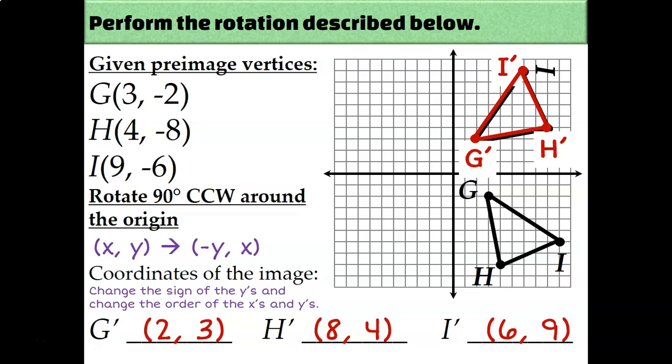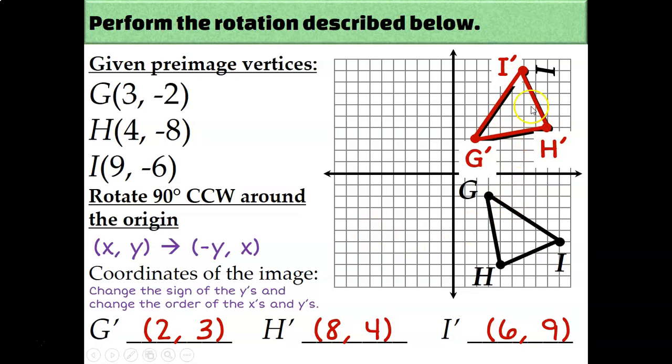Since we're limiting ourselves to rotating in 90-degree increments, you can actually think about it like rotating by quadrants. One quadrant is equal to 90 degrees. So if you think about this coordinate plane like a clock, clockwise goes in this direction, counterclockwise goes in this direction. So for this transformation, we were supposed to go 90 degrees counterclockwise.